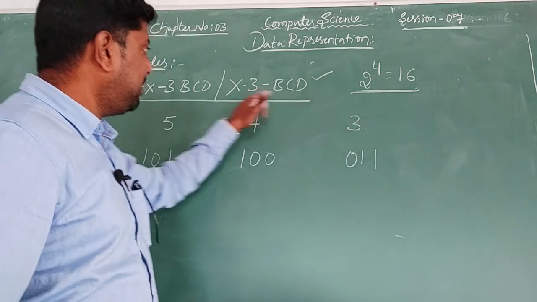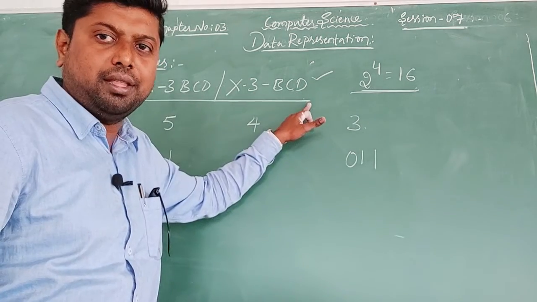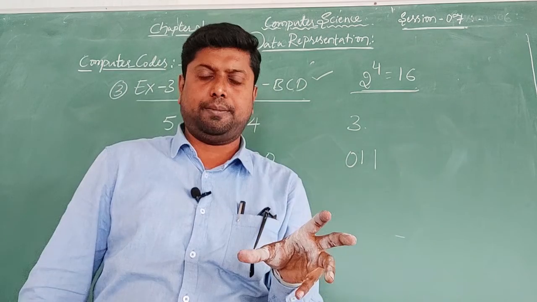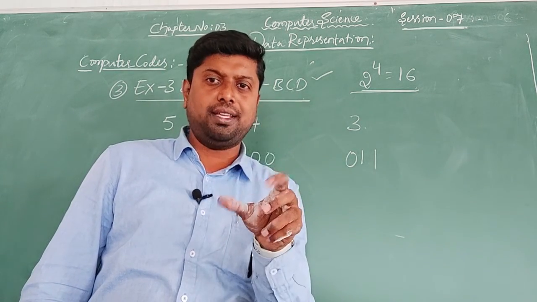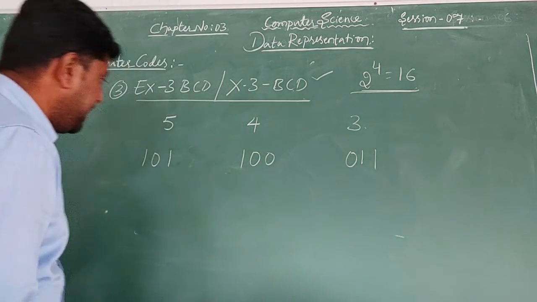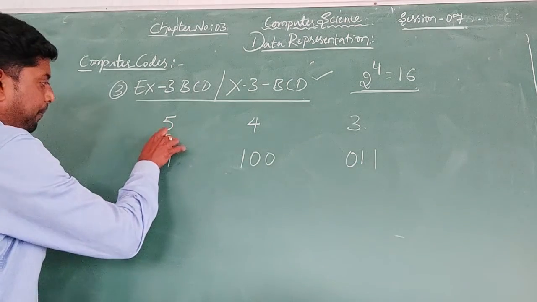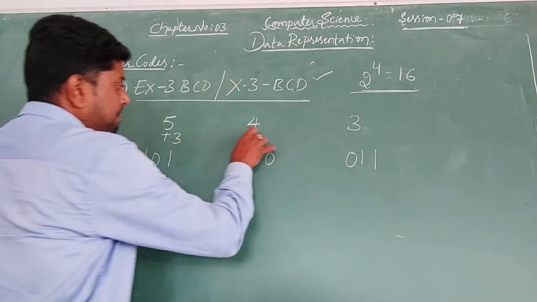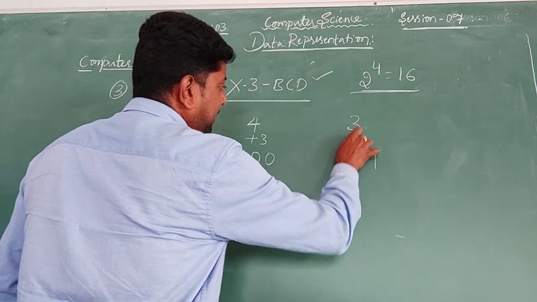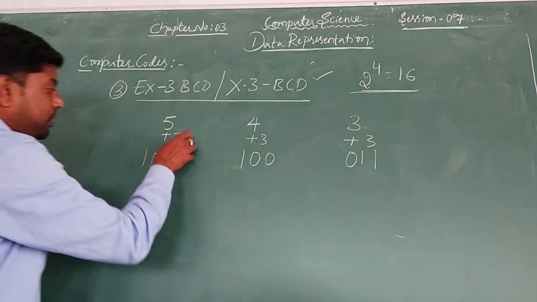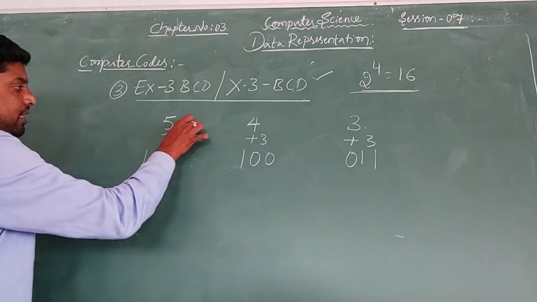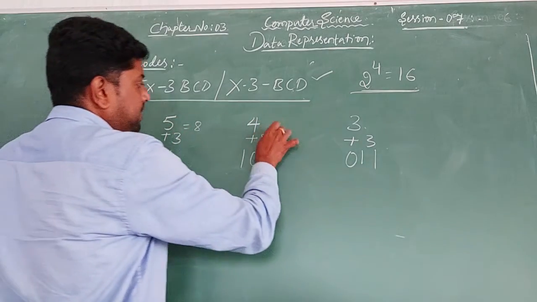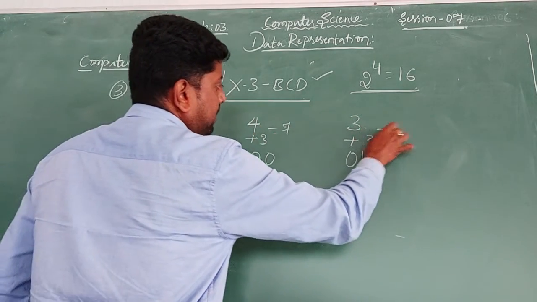Then what X3 BCD will do is convert by adding plus 3. See, plus 3. Here the result is 8. Here 4 plus 3 is 7. Then 3 plus 3 is 6.